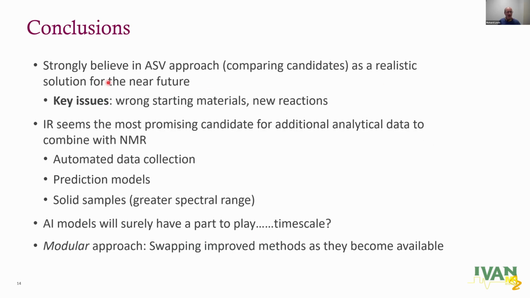So in summary, I really strongly believe in the ASV approach. I think it's a practical solution for a practical problem. I think comparing candidates is much better than thinking about a single candidate structure. I think infrared is a very promising analytical technique to combine with NMR.